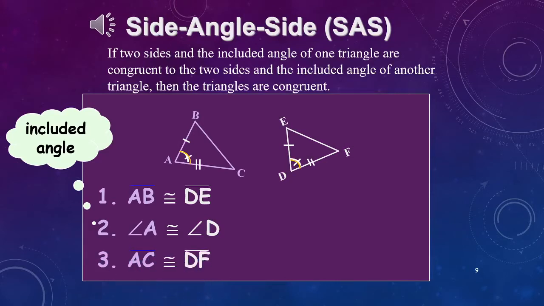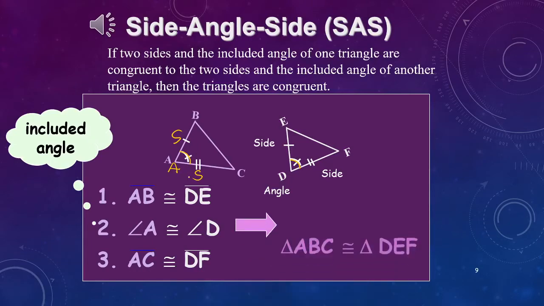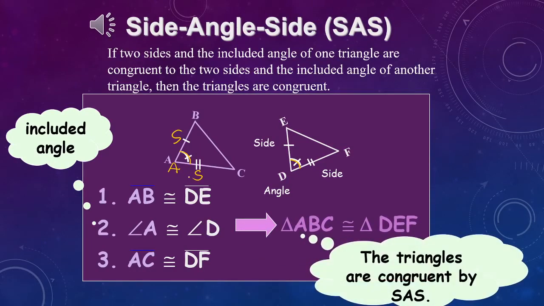And number 3, AC, this side here, is congruent to DF. And this is a side angle side, S, A, S. So therefore, triangle ABC is congruent to triangle DEF by the SAS postulate.